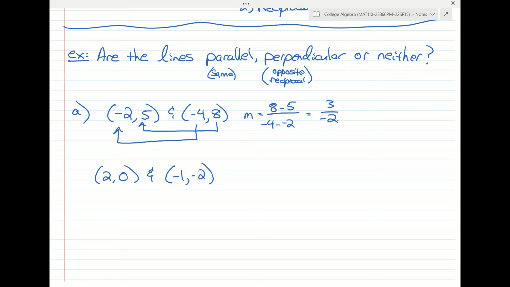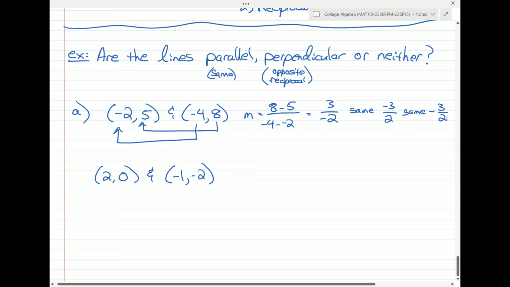Now just keep in mind, 3 over -2 is the same thing as -3 over 2. Sometimes people don't realize that when you have a negative fraction, it doesn't matter where you put the negative.